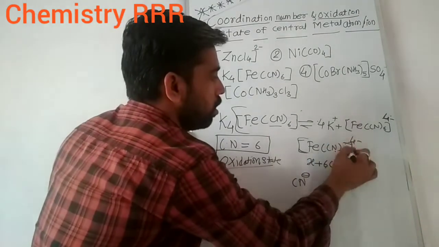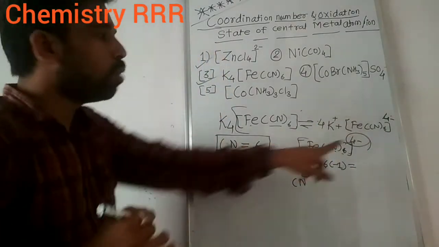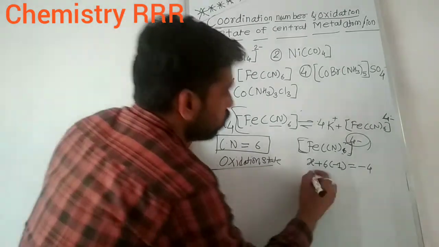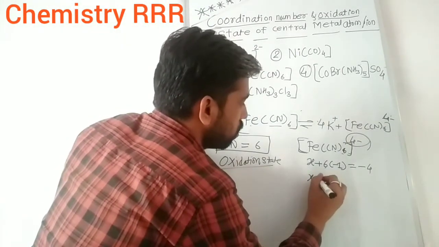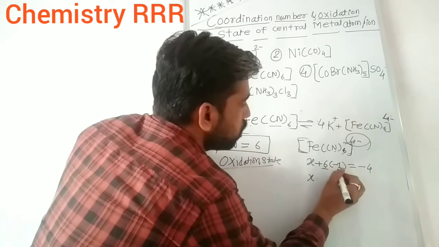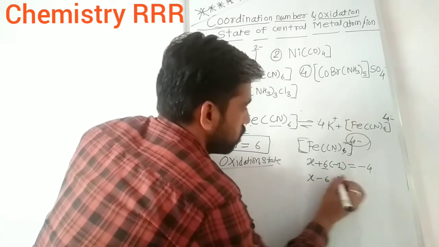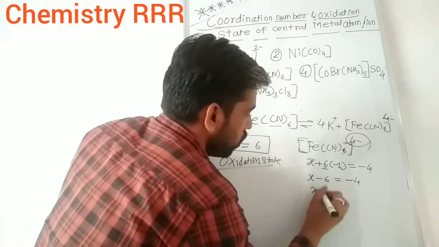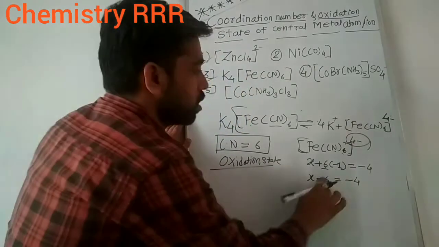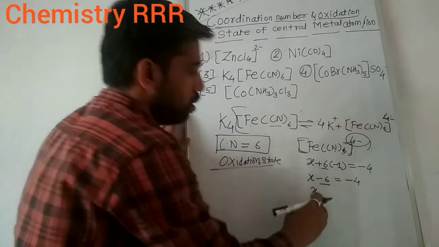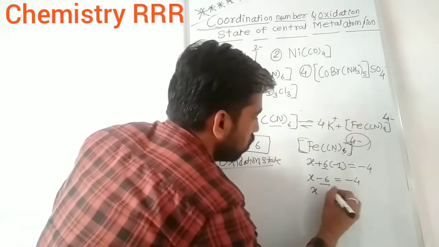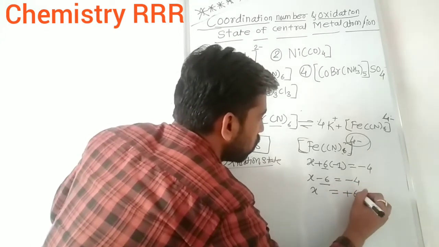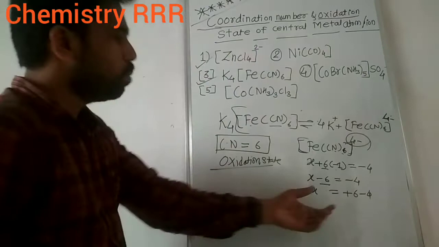The total charge present on the complex ion is -4. So X plus 6 into -1, that is -6, is equal to -4. Transfer this -6 from left to right, then it becomes +6 -4. This is a simple mathematical step.